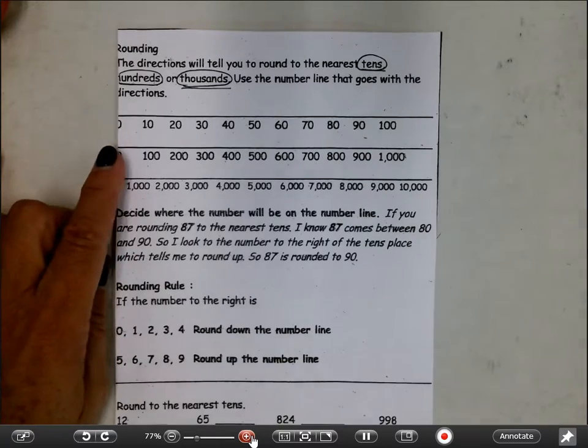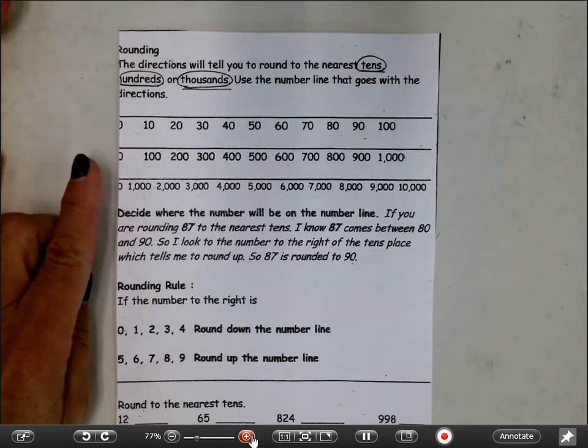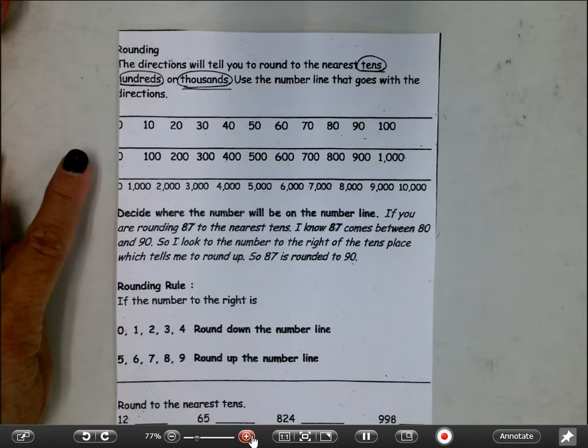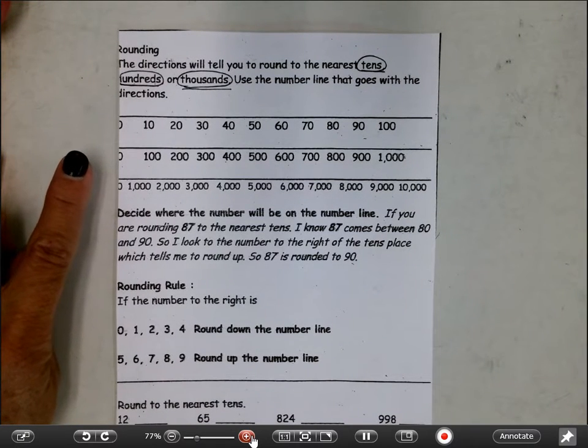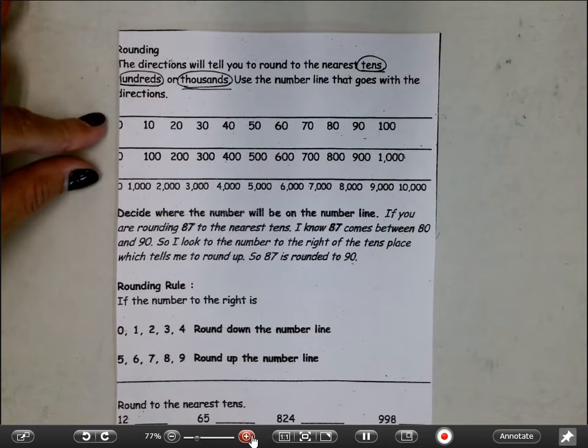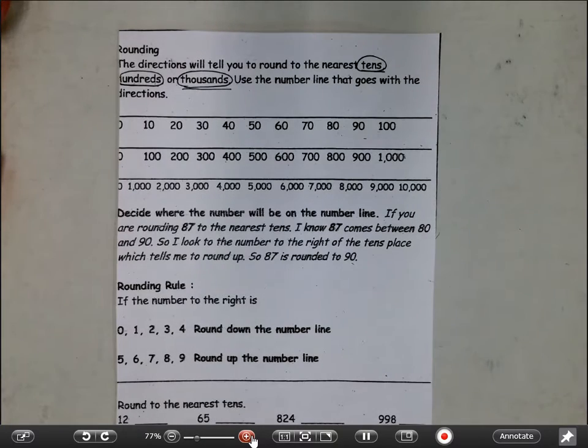Now, every time we do a problem, we don't have to write this entire number line. We're just going to be writing a little section of the number line. We're making a little number line. So look at these number lines, and we're going to say, okay, I have an example, 87, rounded to the tens place. Point to the number line you would be using.